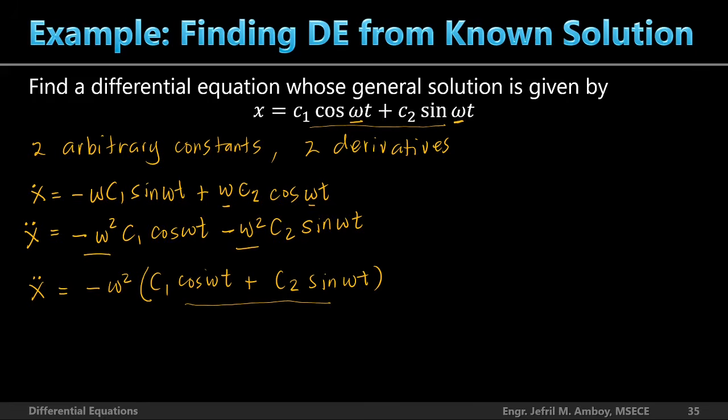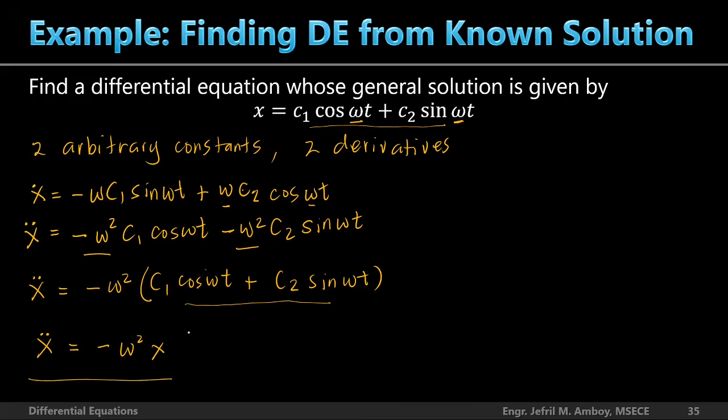Look, they look the same. Thus, I can replace this entire expression with x and rewrite my differential equation as x double dot equals negative omega squared x. So this is now my differential equation that is free of arbitrary constants.